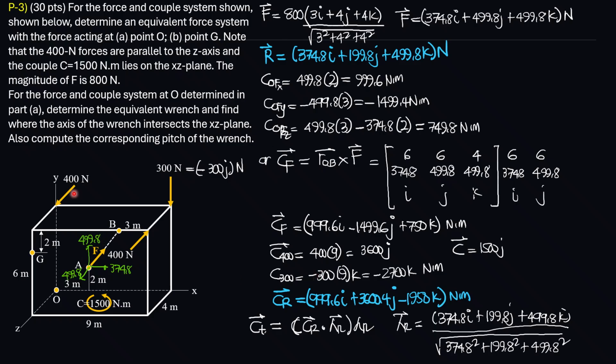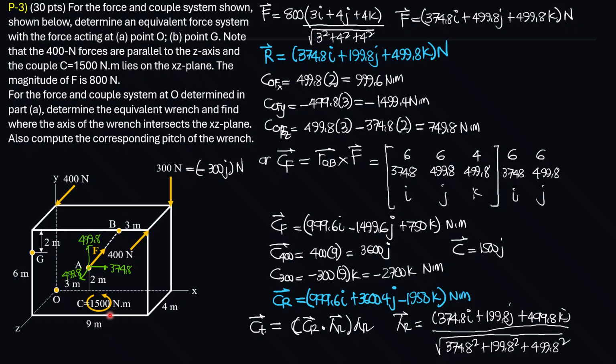Then the couple due to 400, apply right thumb rule. Moment about the y-axis only is positive 400 times 9, and that is 3,600j, this couple due to 400 Newton. Then if you apply right thumb rule, your right thumb will be pointing towards, as stated there, the 1,500 Newton couple lies on the XZ plane.